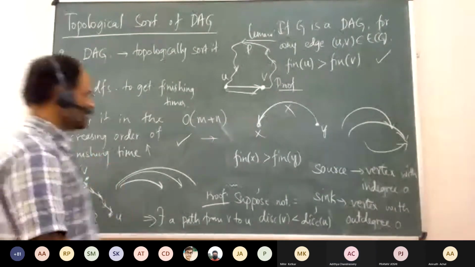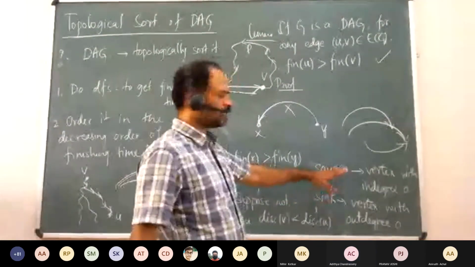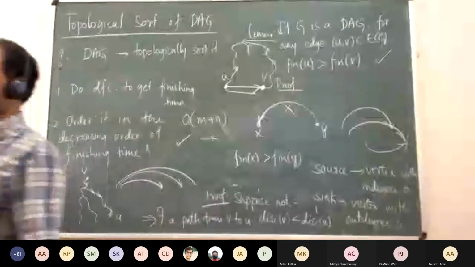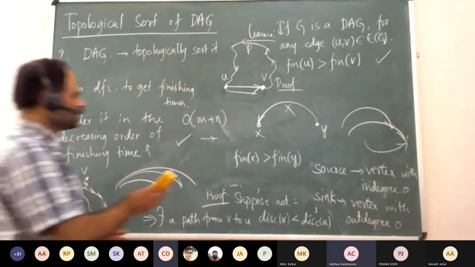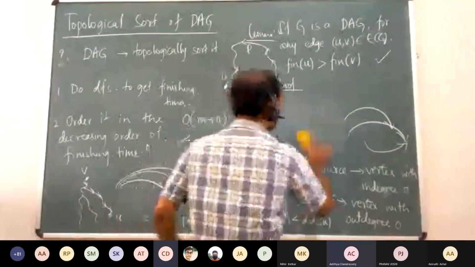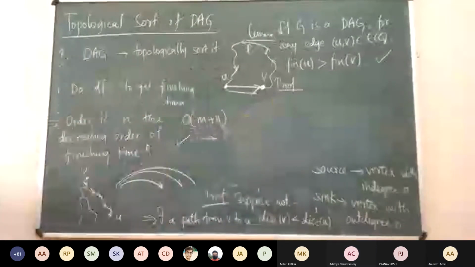It is not necessary that the source is unique. There can be multiple sources, right? Just because some vertex is a source doesn't mean that it will have finishing time greater than everything, or that it will have the maximum finishing time. But can you say something about the vertex with maximum finishing time in a DAG? Will it always be a source? Yes. That other direction is anyway true always.